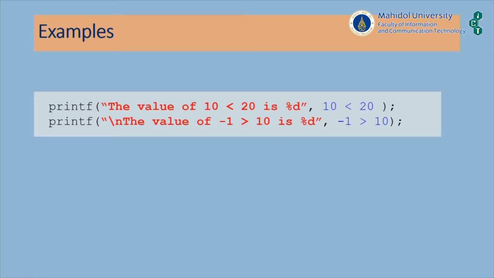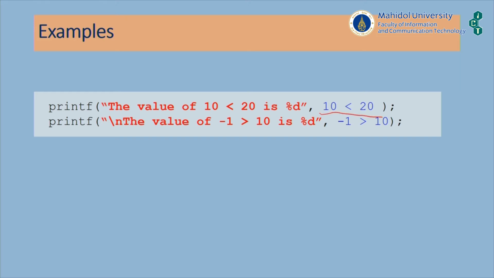Okay, so let's have a look at how we can use the condition in the code. Looking at another example, we have two statements in a C program. What is the output? Looking at the first one, you printf the value of 10 less than 20, and you print out the result from 10 less than 20 here.